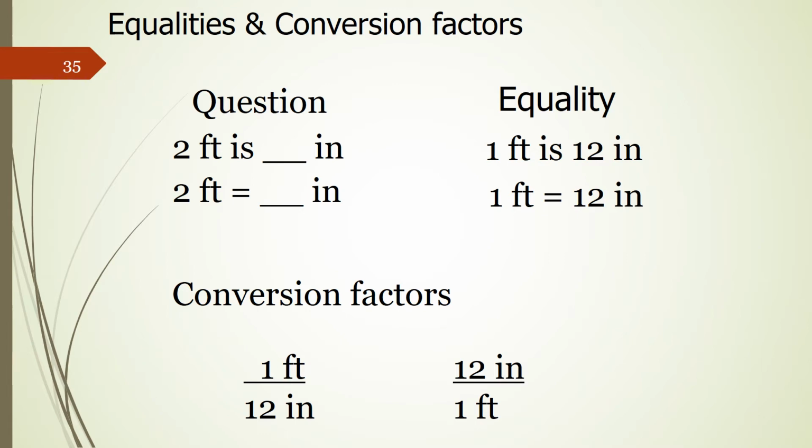Well, that means I can create conversion factors that allow me to multiply my 2 feet by the conversion factor. I haven't mathematically changed anything because the conversion factor is only 1. But now I've changed my units. Well, the values do change, but if you think of the value and the unit together, it hasn't really changed. It's just changed forms.